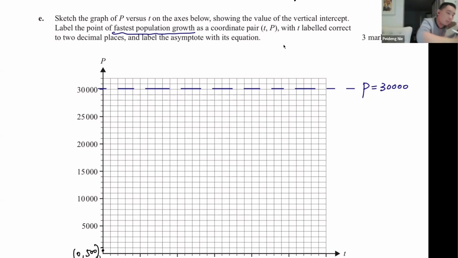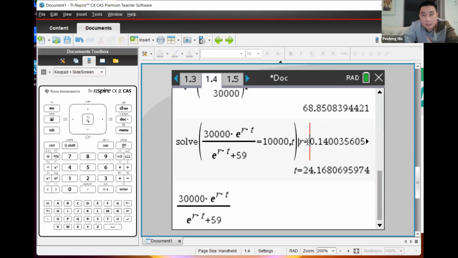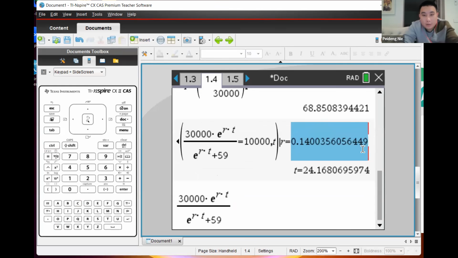So I need the point of inflection. T, labeled, corrected to 2 decimal places. So now, remember we had already calculated the R value, and we just replace the R with 0.1400356, etc. Okay, so I'm going to copy that into the next line and copy this value into here.